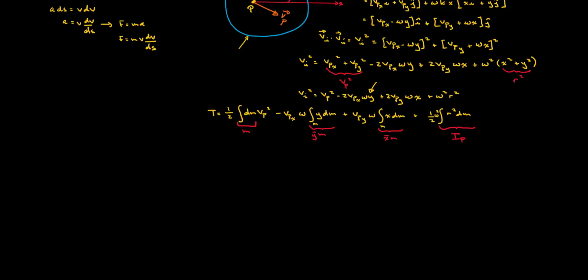So what we have here is the kinetic energy for a rigid body, which might be undergoing translation and rotation simultaneously: 1/2 m Vp squared.